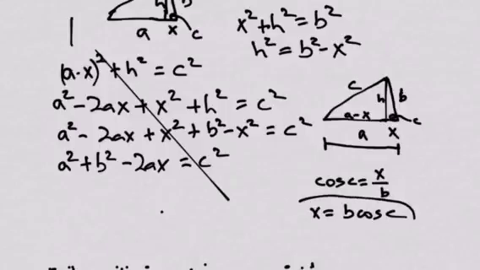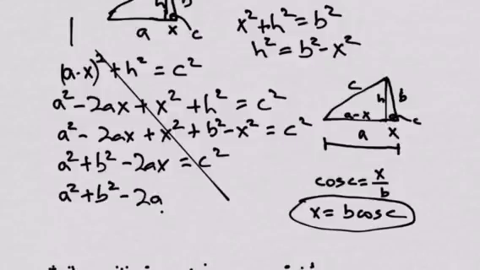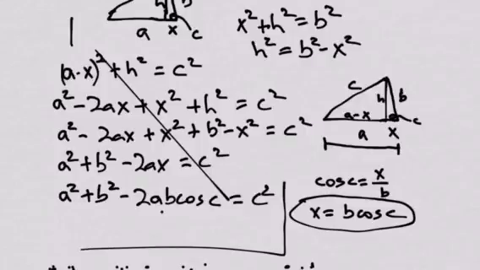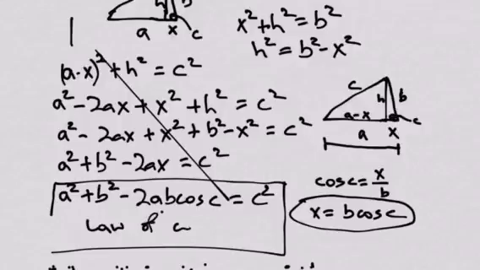If I replace my x over here with b cosine C, I have a squared plus b squared minus 2ab cosine C equals c squared. And that's the law of cosines.